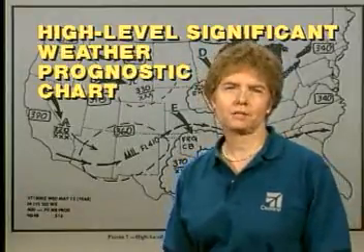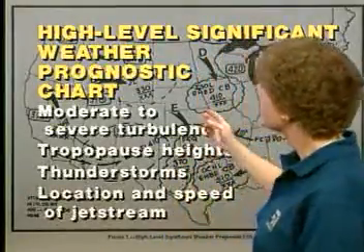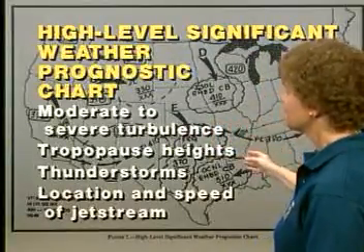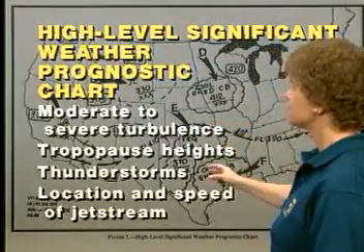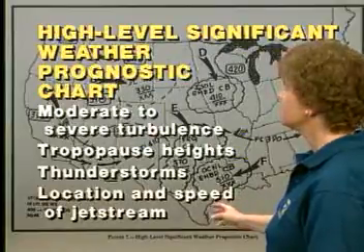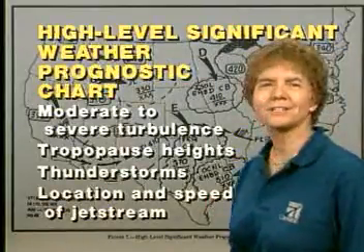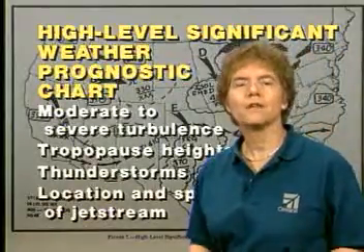The High-Level Significant Weather Prognostic Chart gives you a forecast presentation of moderate to severe turbulence, tropopause heights, thunderstorms, and the location and speed of the jet stream, as well as a few other items. Now, the altitudes that chart covers are shown in millibars.